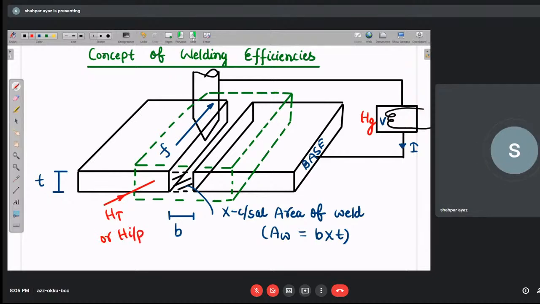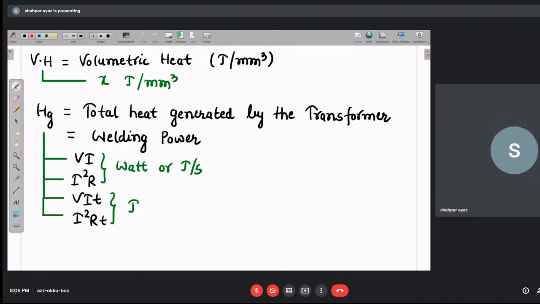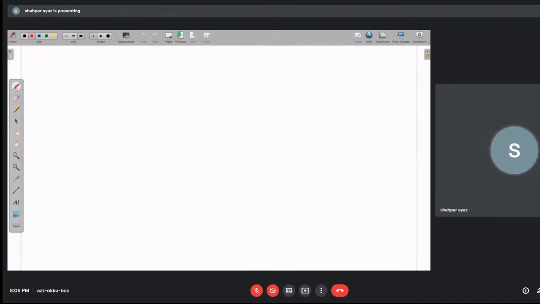Remember that one thing which I am writing here, HT, that is heat transferred to the weld position, the position at which welding takes place. Resistance between the plates, Srivastav Prathamesh, that will be given, because two plates are in contact. Now there is a small gap between them, so therefore the resistance between that.